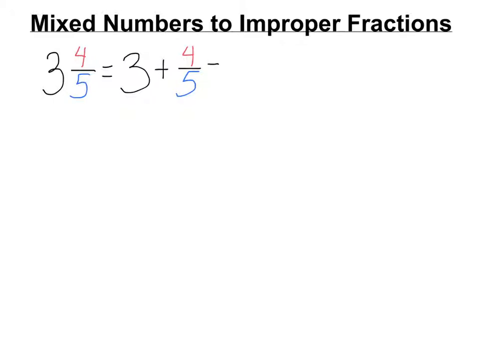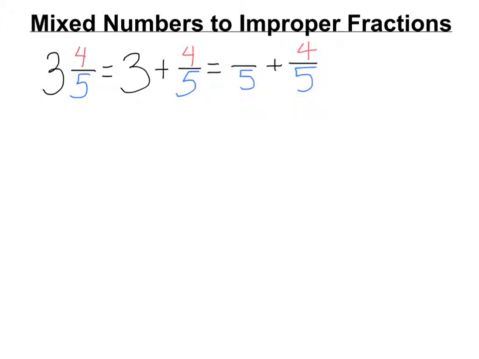So if I want to change this into just a single fraction, we need to think about how we add fractions. Well, we add fractions by getting a common denominator and then adding the numerators. And so I need to change 3 into a fraction where 5 is the denominator. So basically what I'm asking is, what divided by 5 is 3?